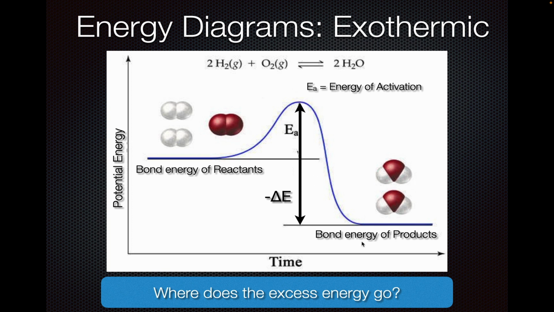And as they're forming those new products, that's when we get a change in energy that is releasing energy, okay? So we are inputting energy to break the bonds, we're releasing energy to form the new bonds, and then our net change is a negative energy change, okay? And negative energy change is a release of energy, okay?